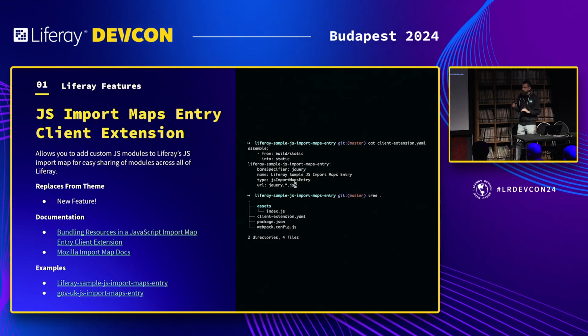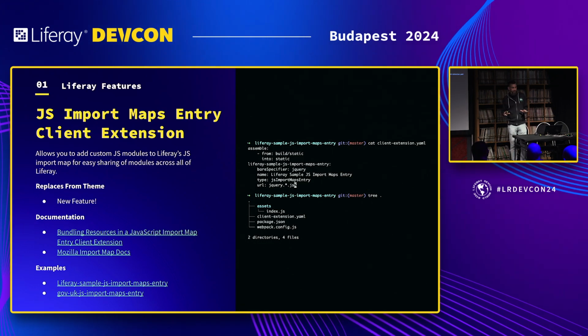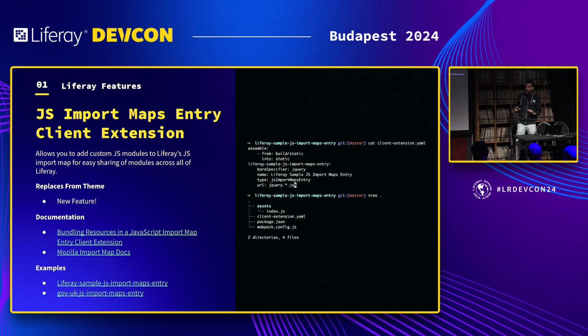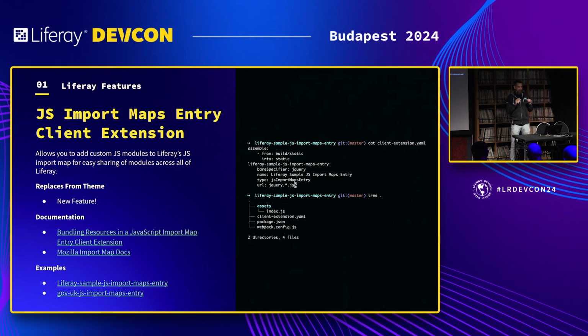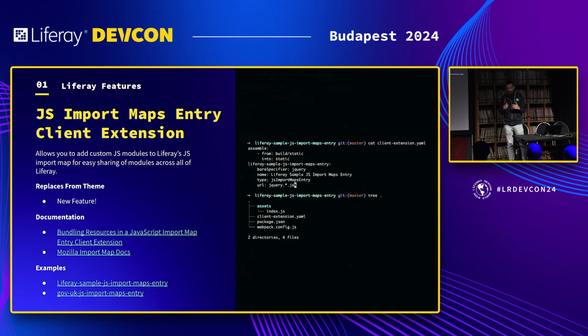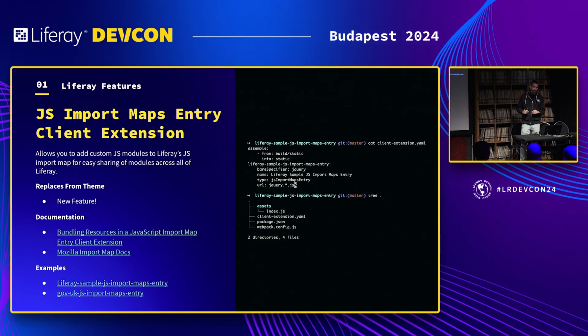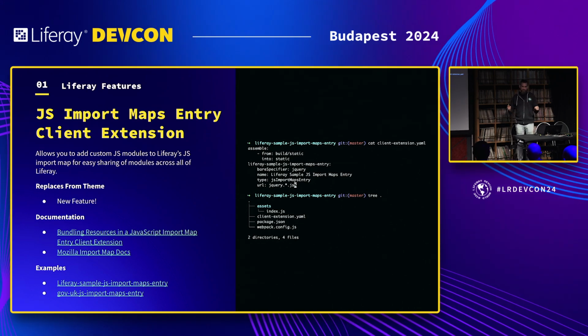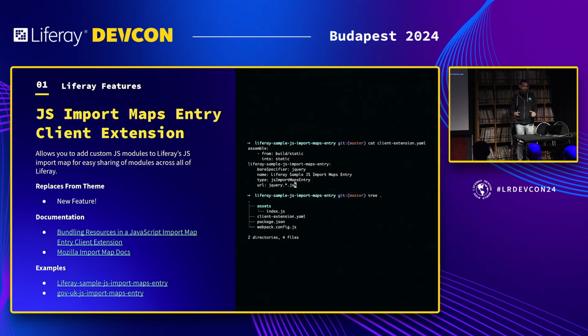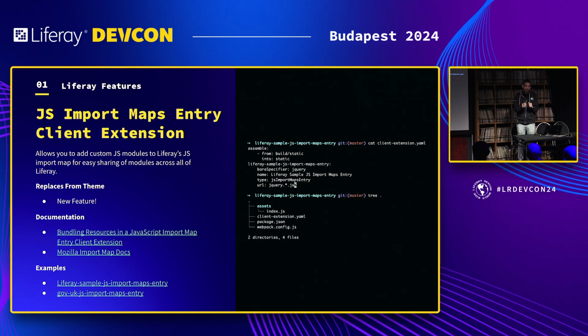So basically, the browsers have evolved like crazy in the past few years. And one of the key things is the ability now for JavaScript modules in the browser to act as we're used to having them work in Node.js or at compile time with Webpack or whatever. Which means that we don't always have to compile all of our JavaScript into one single file in order to have it work.